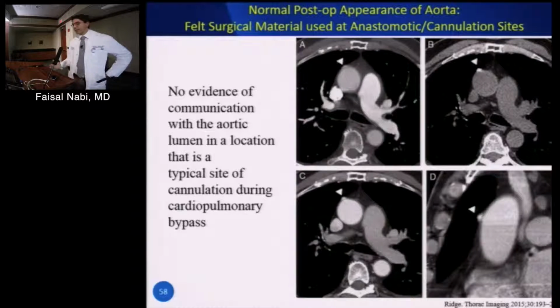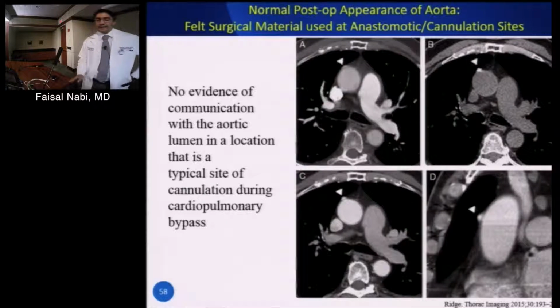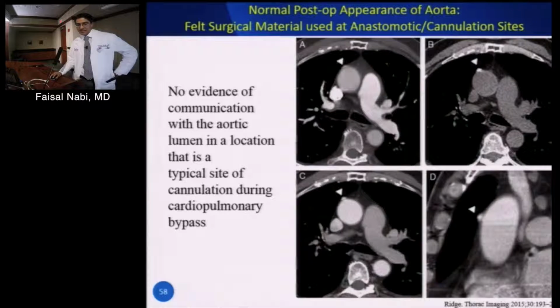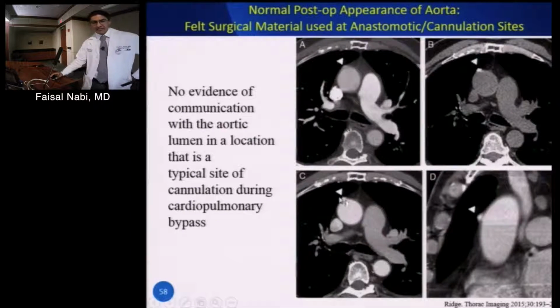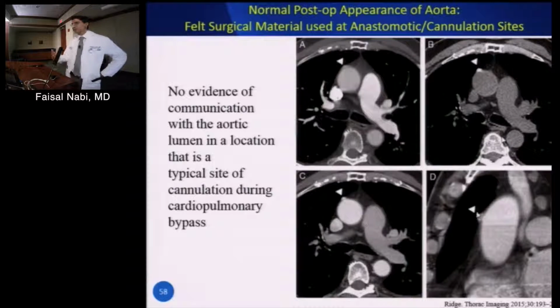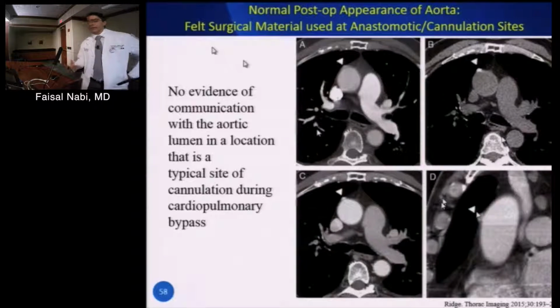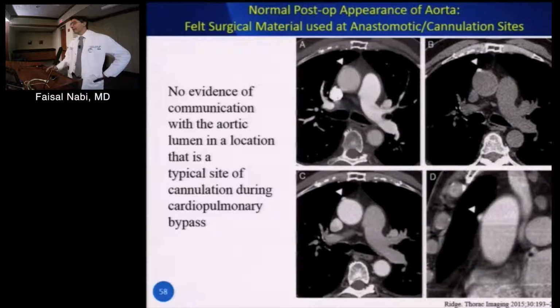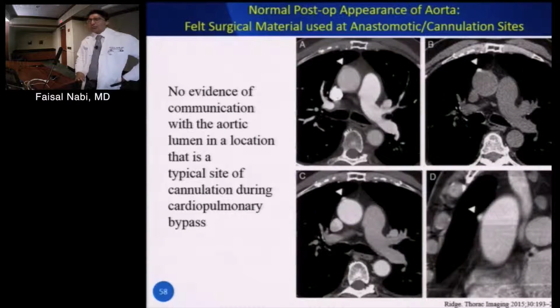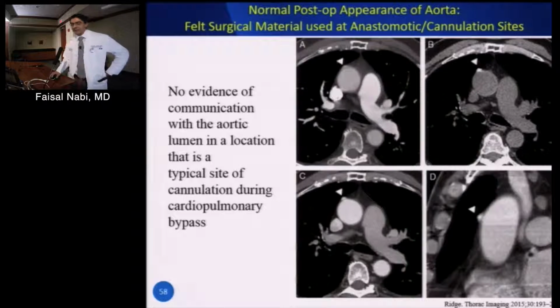And he's like, no, the patient's fine, how can it be? And I was seeing things like this all over the ascending aorta, these very focal spots of what appeared to me as contrast outside of the wall of the aorta. And actually, this turns out to be felt surgical material that they use at anastomotic and cannulation sites. So this is just a normal post-operative aorta that you can often find.